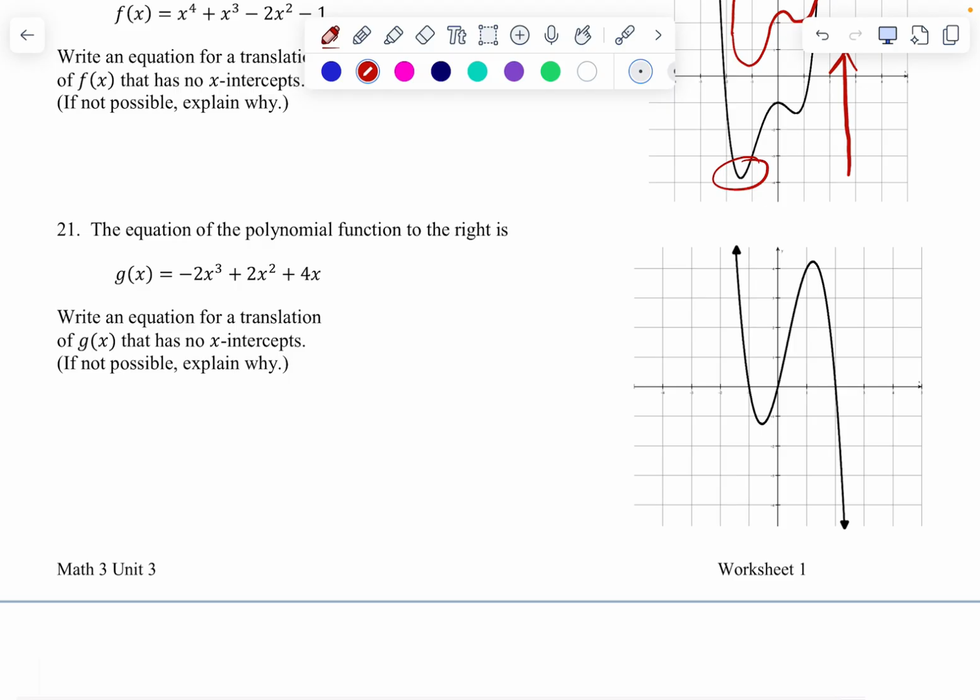That's really what this is asking. And there's not, because these two ends will always go to infinity. There's no way to move it. We could move it a million in either direction. It's still going to keep going and cross the x-axis at least once. So there is not a way to do that.